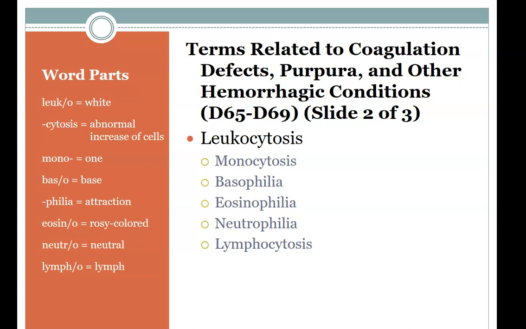An abnormal increase of each type of agranulocyte is termed lymphocytosis or monocytosis. The word parts: leuko equals white, cytosis is abnormal increase of cells, mono equals one, baso equals base, philia is attraction, eosino is rosy colored, neutro is neutral, and lympho is lymph.